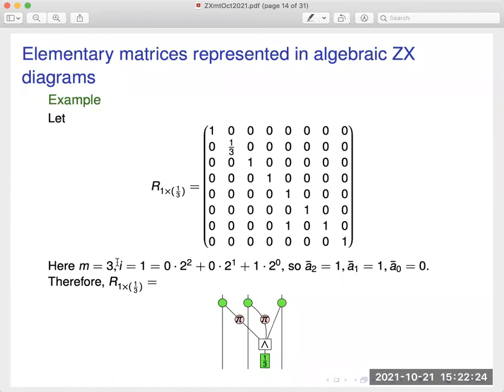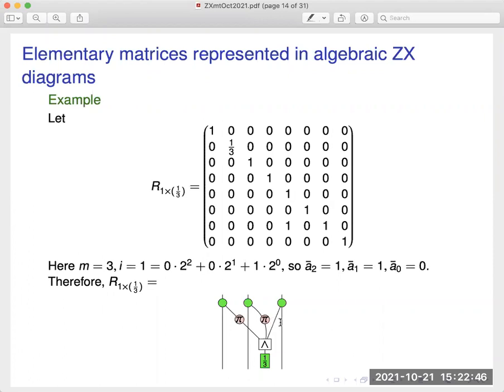Because I count from 0, I is equal to 1, so its binary expansion is this. That means you have the complement of A2 and A1, and A0 is 1, 1, 0.